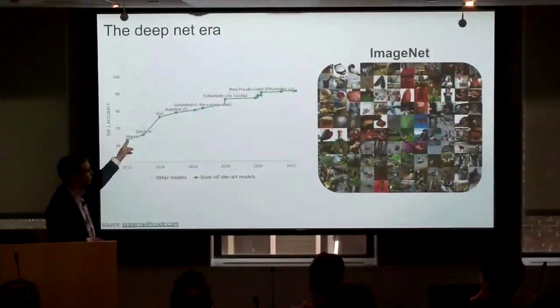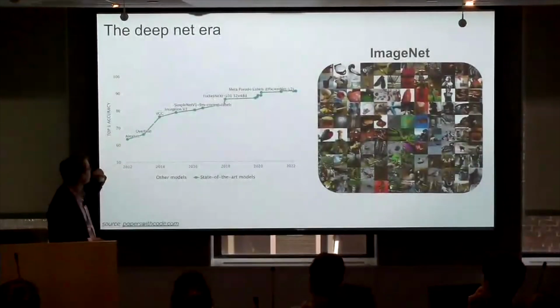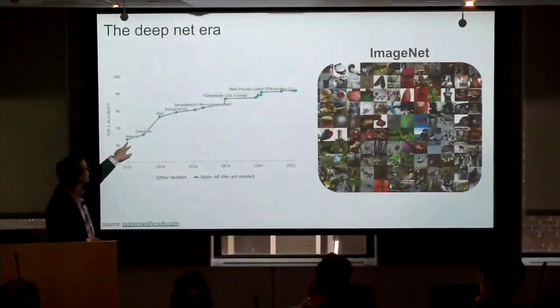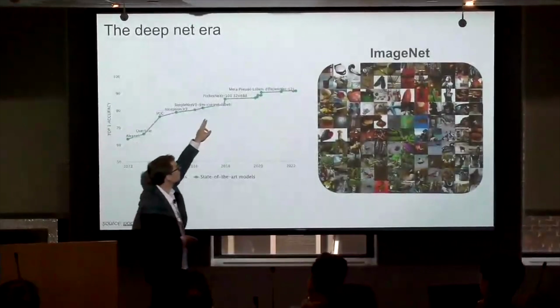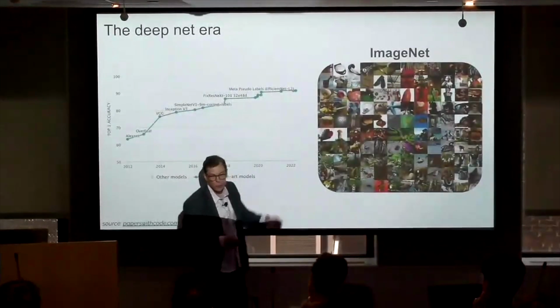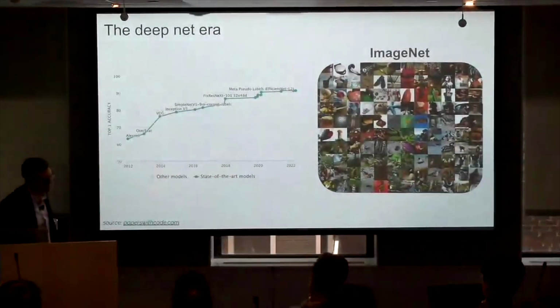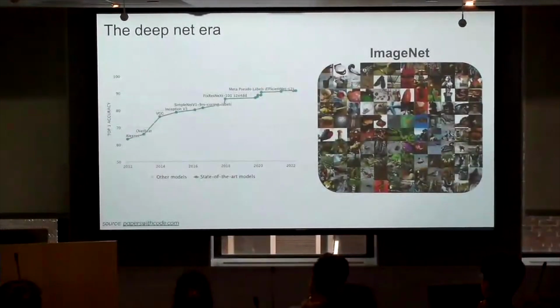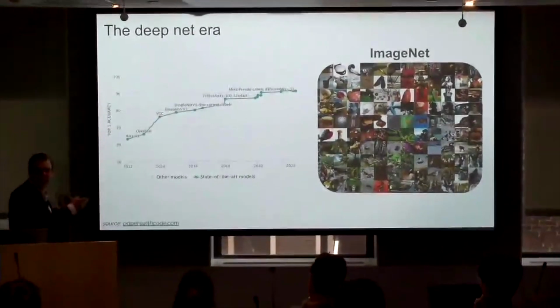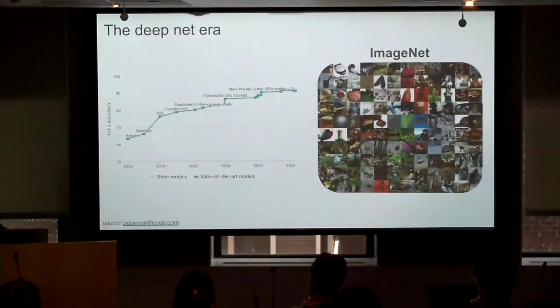You have your favorite AlexNet here, 2012, at a little bit over 60%, going through different phases of development, leading to modern-day deep neural networks that are well above 90%. I don't know, I should ask Yann if he would have predicted that 25 years ago, when I was a grad student. Certainly, I wouldn't have expected to see that in my lifetime. So this is a tremendous achievement.